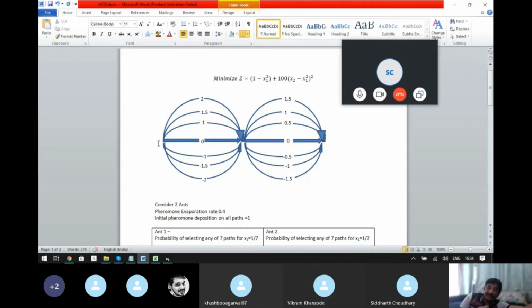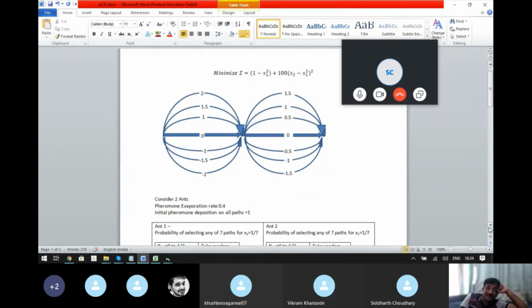By this time, after the journey was complete, the pheromone has evaporated. 40% of the pheromone on each path has evaporated, and some pheromone is getting deposited by the ants which have completed the journey on that path, right?